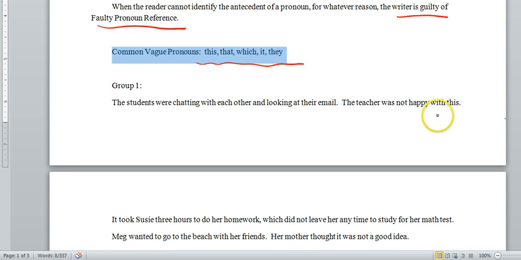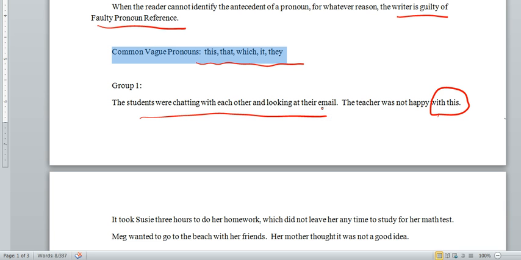The teacher was not happy with this. This is a pronoun. It stands for something else. The something else that it stands for in this instance is the students chatting and looking at their email.